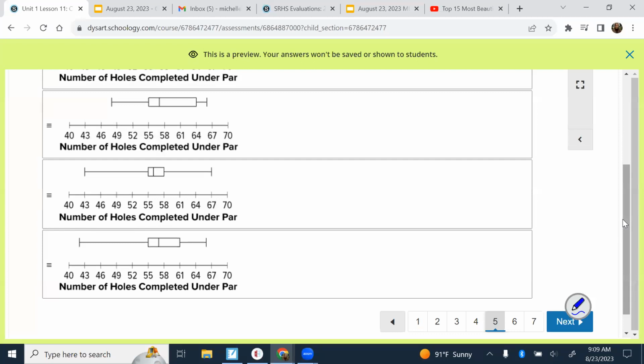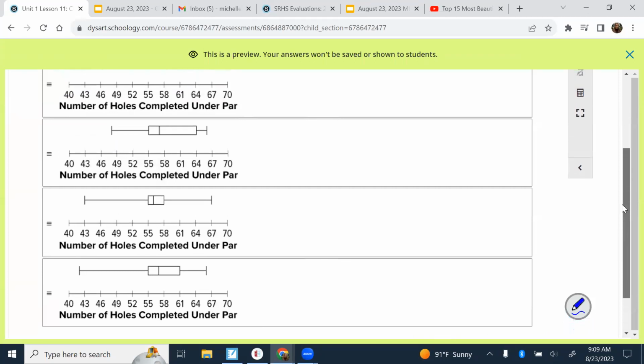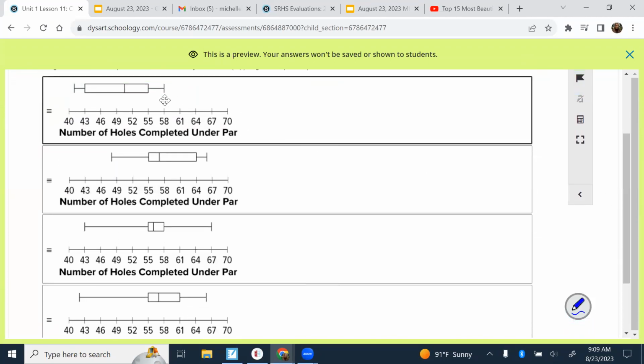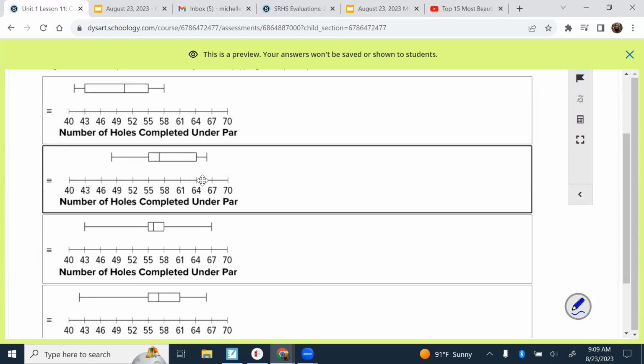Now we have the first two on the top. What do we think about the order? We want the least spread out on top.